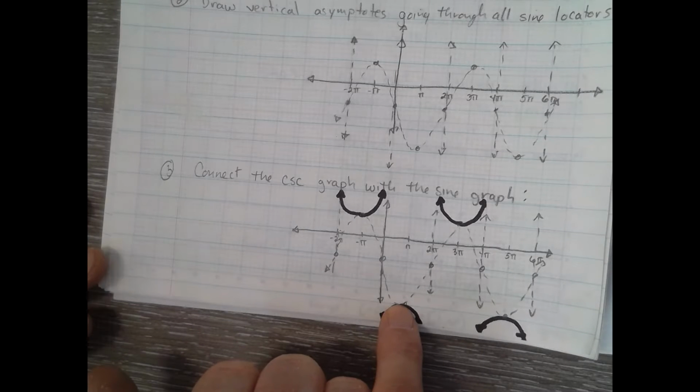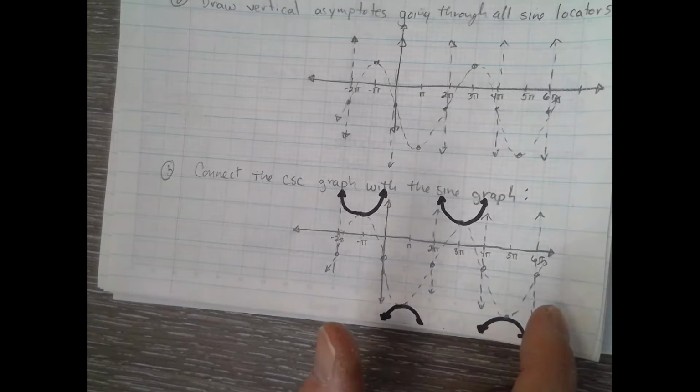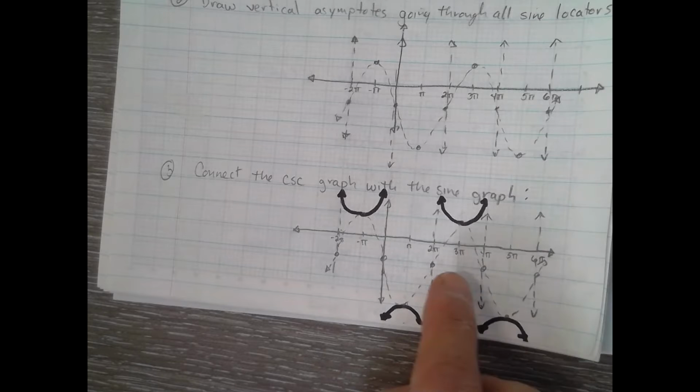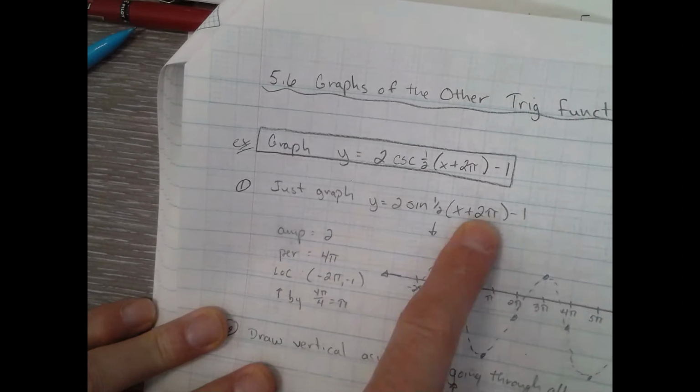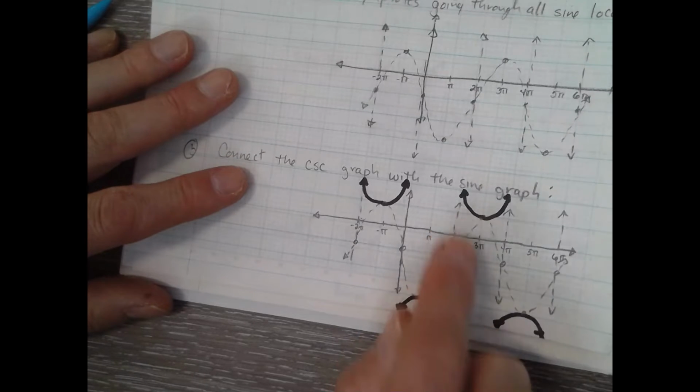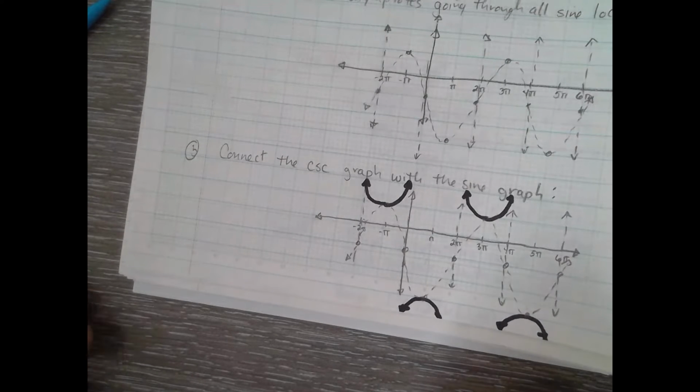So the range for y equals sine, the range of this right here, would be from -3 to 1. And we include -3 and we include 1 because it does go through it.